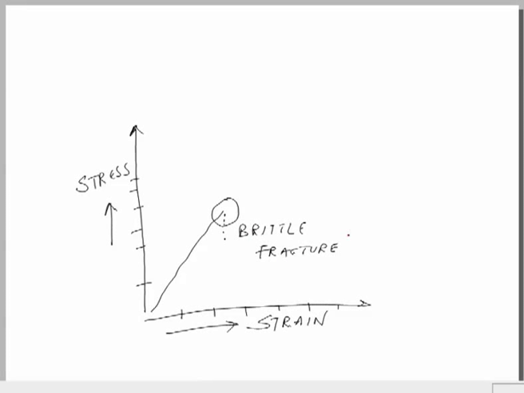Whereas in case of metals, when we load it under tensile load, we will see that necking will take place, and finally we will get a different type of stress strain curve.